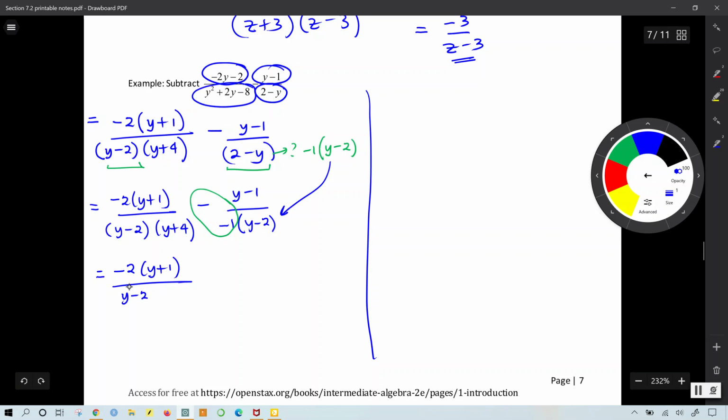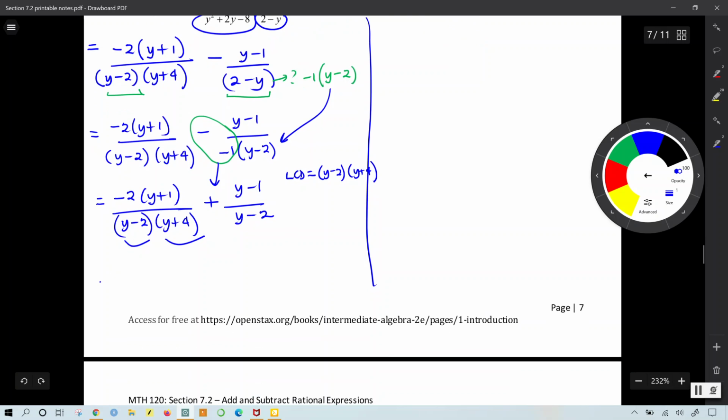So you have y minus 2, y plus 4, and then this becomes plus y minus 1 all over the remaining y minus 2. With that said, the LCD then will be y minus 2 times y plus 4. That tells us that the first fraction, since the denominator matches exactly the LCD, does not need an extra element.